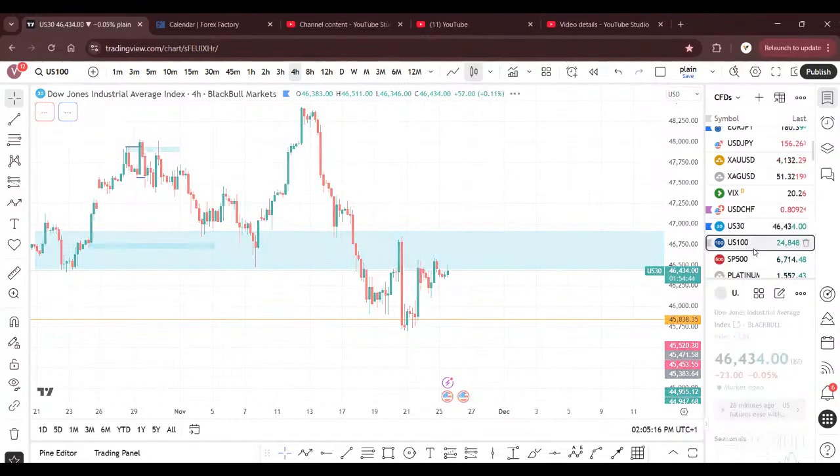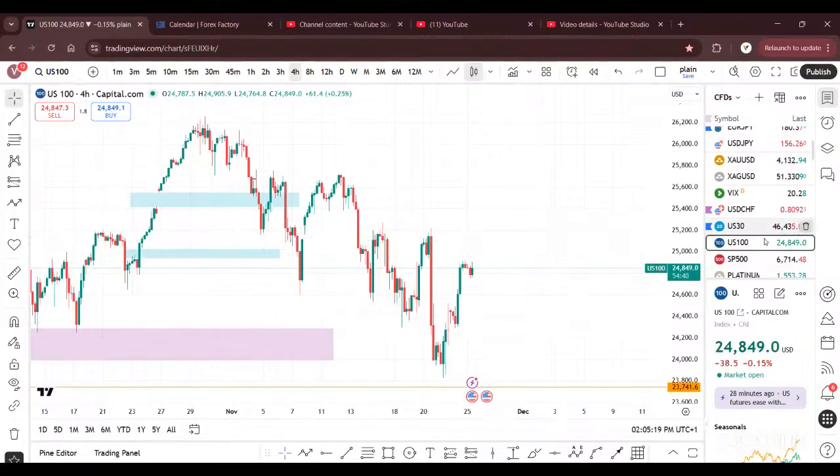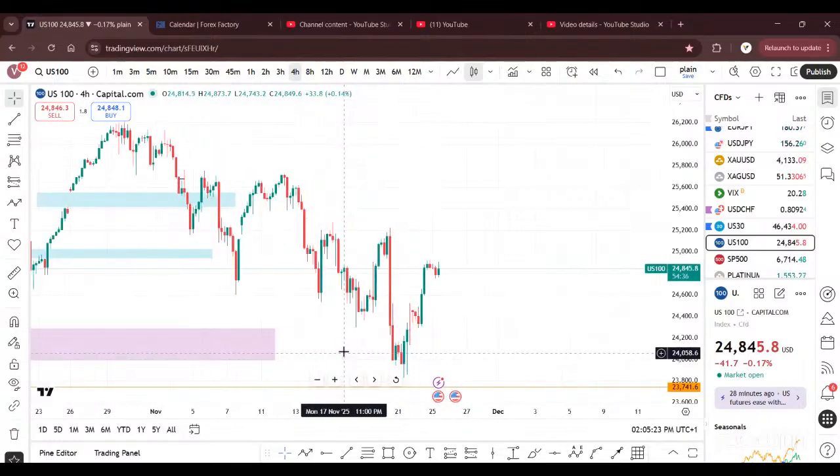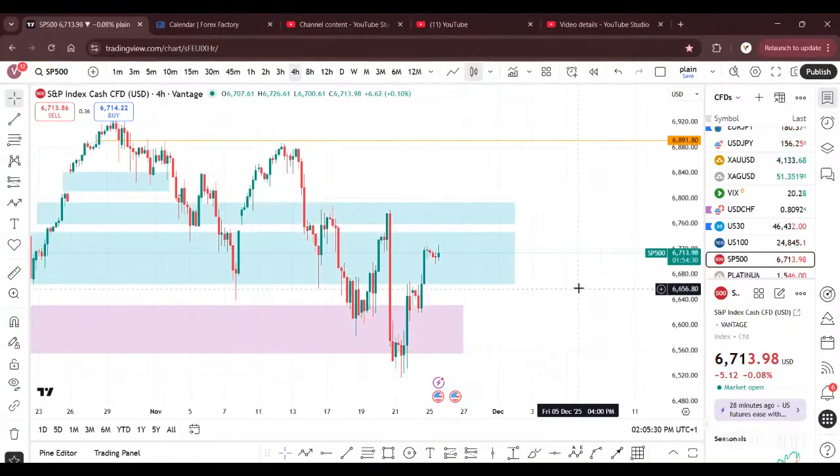Of course, US 30, we have seen a sell to the downside. US 100, which is the Nasdaq, has seen structure pushing to the downward side. It's very interesting to see, and also S&P 500, right? But bulk of our activity in terms of analysis is going to happen on Thursday, where we are going to dive deep into a more extensive session about the markets.